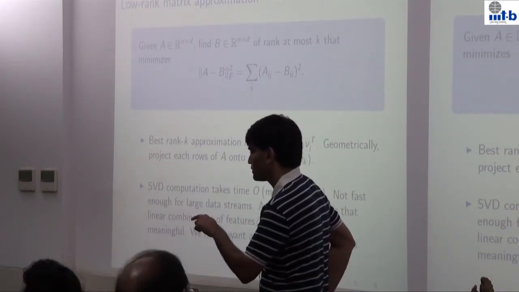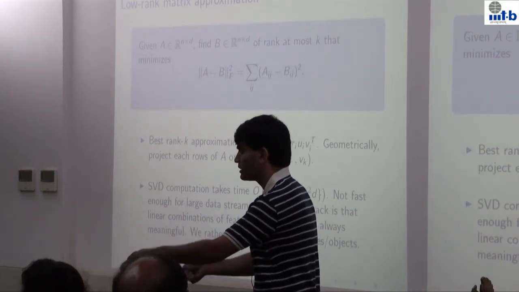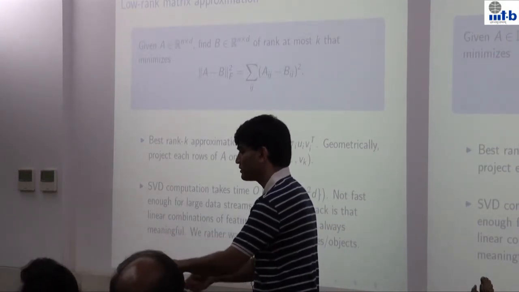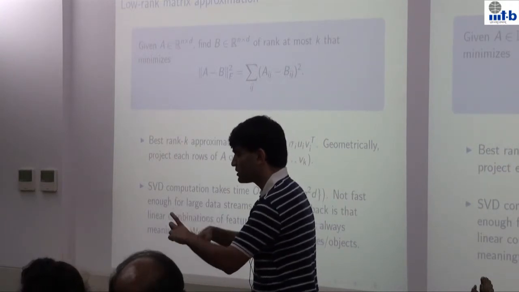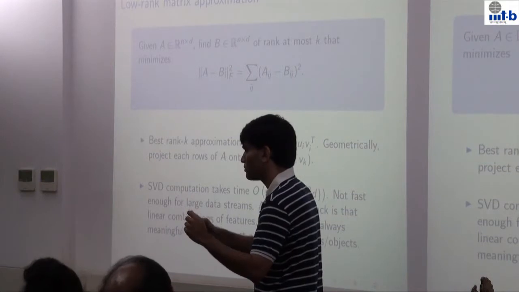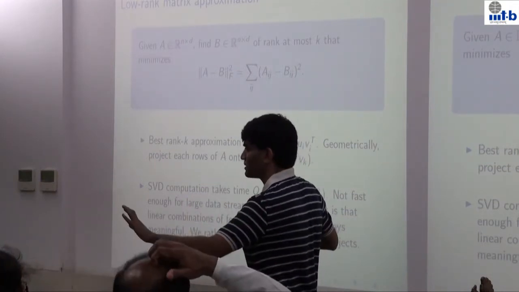What it will give you is a particular linear combination, and it will say that if you take the linear combination of these corresponding coordinates for diabetic patients and non-diabetic patients, they will be separated.